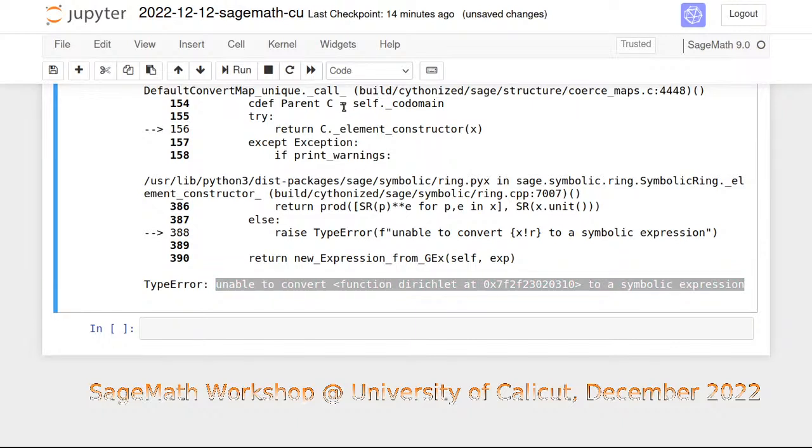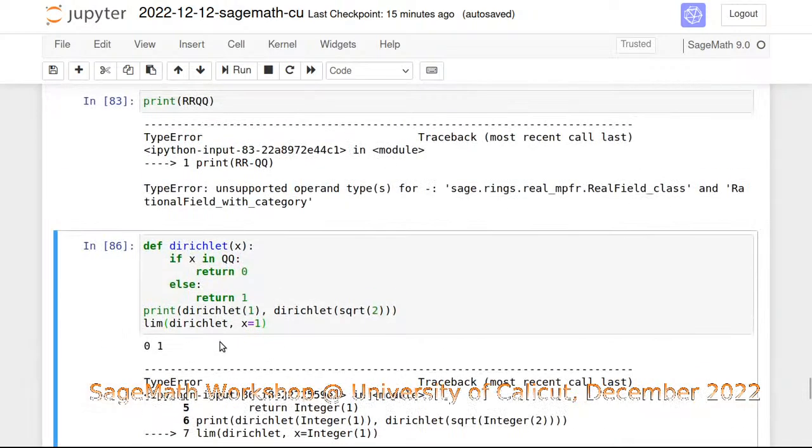So okay, let me just try to define it as a symbolic function g of x equal to, let us define this, I'm just trying once again.